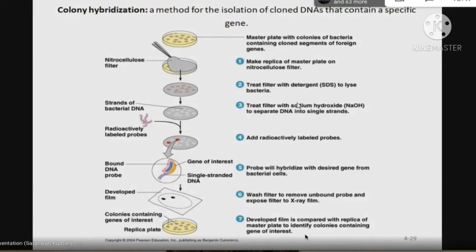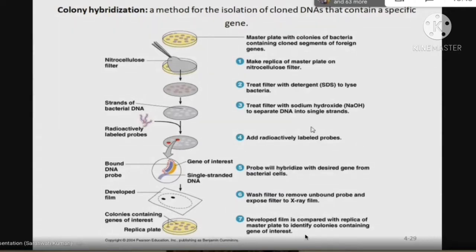Then we treat the filter with sodium hydroxide to separate DNA into single strands. Like Southern blotting, we denature the DNA. So different colonies now have DNA exposed here, and we treat with NaOH so that all DNA will be denatured and become single stranded. Now we add radioactively labeled probes.